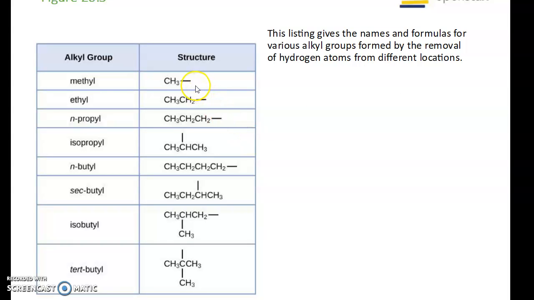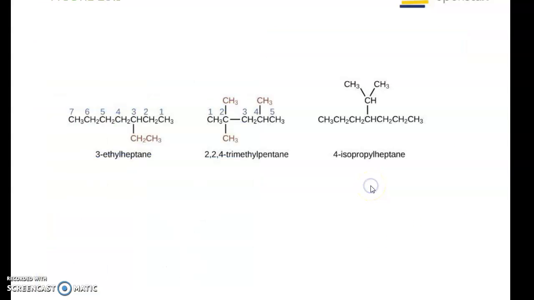And here are some of the different groups. You have the methyl group, the ethyl group, n-propyl, isopropyl when it's into the center one instead of at the end. This is n-butyl, and this is called sec-butyl, isobutyl, and tert-butyl. Okay, these are just some of the variations that you have for these different alkyl groups that can be substituted onto these.